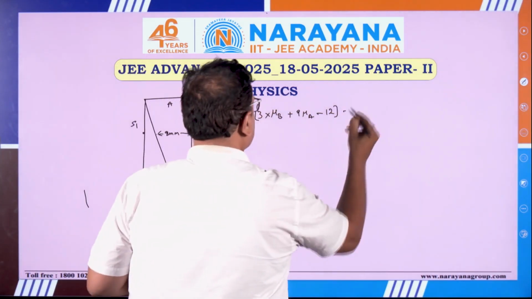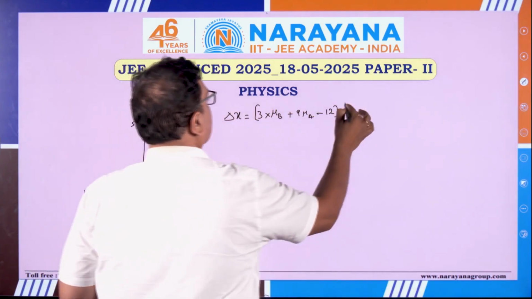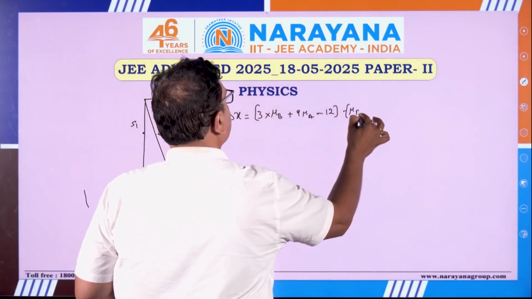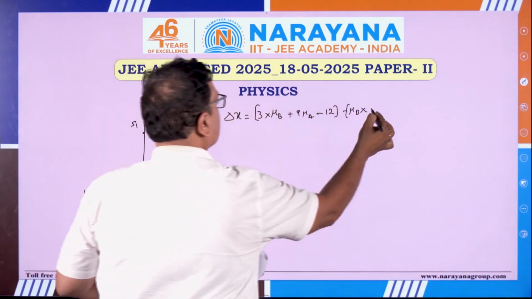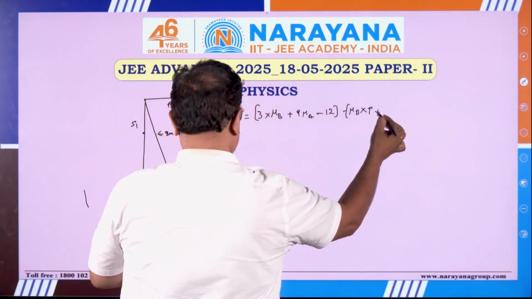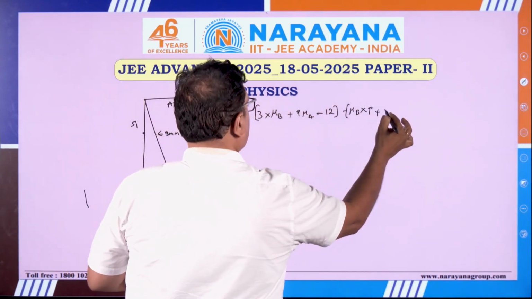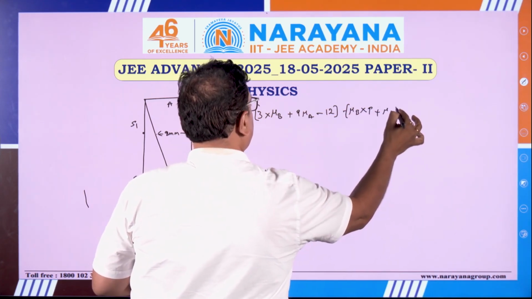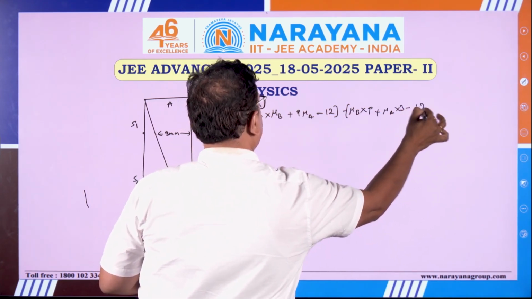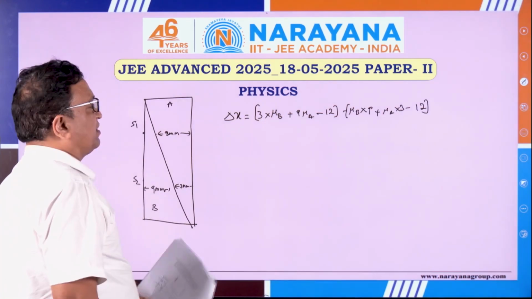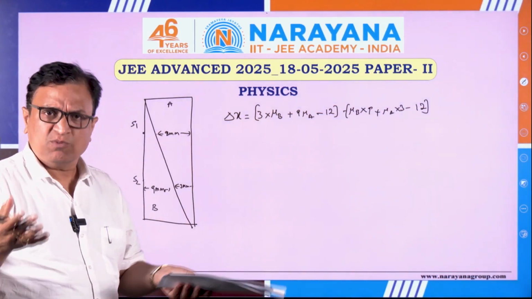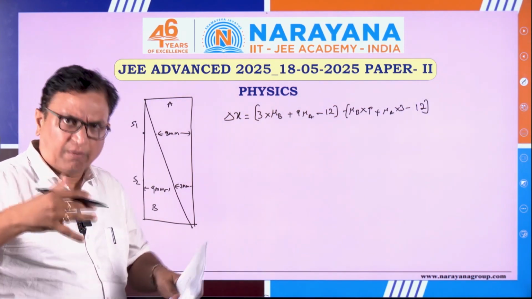Similarly, the lower side also has some path difference. Mu B times 9 plus mu A times 3 minus 12. That's the effective path difference. Earlier you used to write mu minus 1 into t. But here combinations are there.